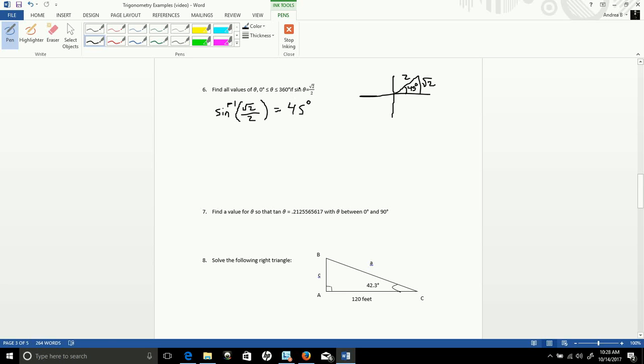But here, remember that your sine is also positive if you're in the second quadrant, because your y values are positive there too. So we can create a reference angle over here, where this side is still the square root of 2, and the length of this is still 2. And then inside of this angle is also a 45-degree angle.